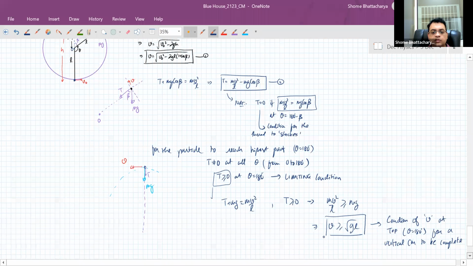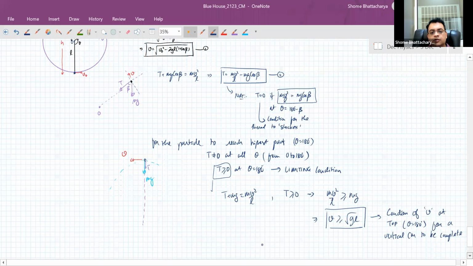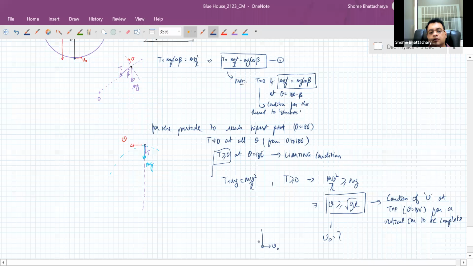Okay, so now what about the condition on V naught? You can see that at the lowest point, compare that with the highest point. The height difference is how much? The height difference is 2L.